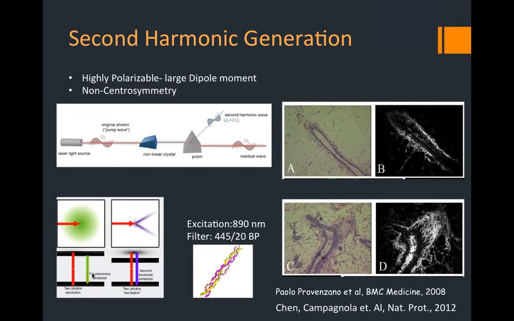So in order to study this, we utilized a nonlinear optical technique called second harmonic generation with multiphoton microscopy. To go over a little bit of what second harmonic generation is, it's a physical phenomenon that when you use a laser light source and shine it through a medium that has two major characteristics, it's highly polarizable with a large dipole moment and has non-central symmetry, what you get is a second harmonic wave that is exactly half the incident wavelength.